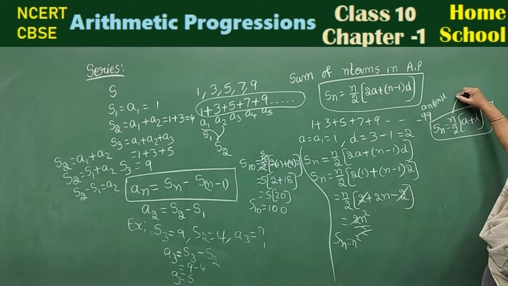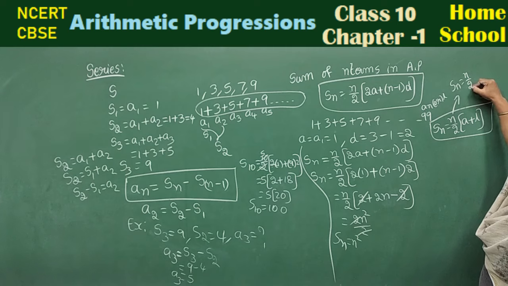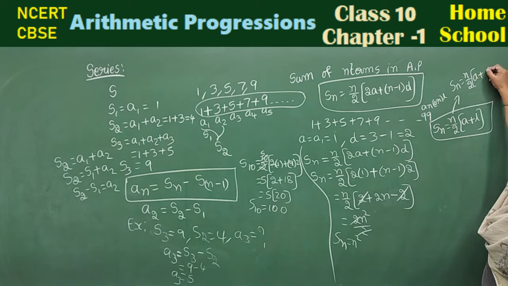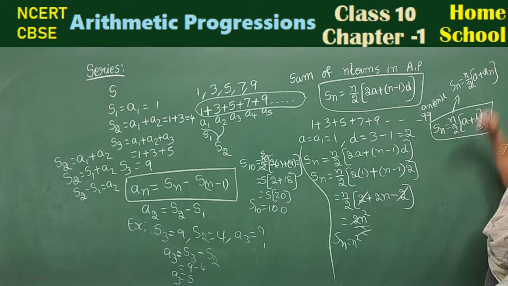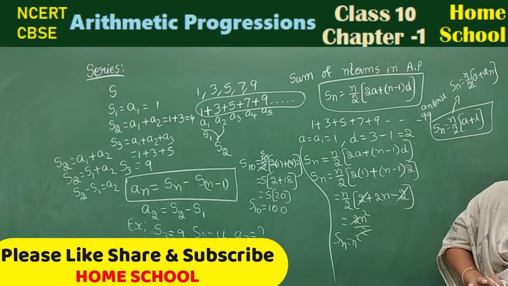And the same formula you can rewrite as Sn is equal to n by 2 into (a plus an) also. When the last term is given, you can use this formula or this formula. You can apply any of the formulas, but this formula is very easy when the last term is known.